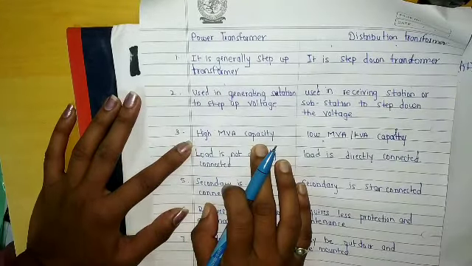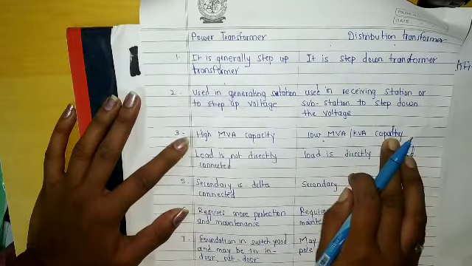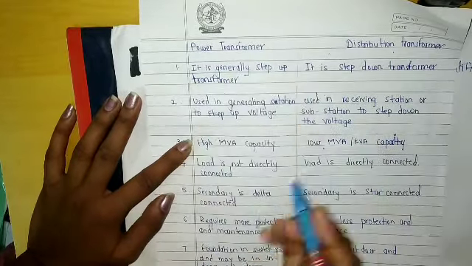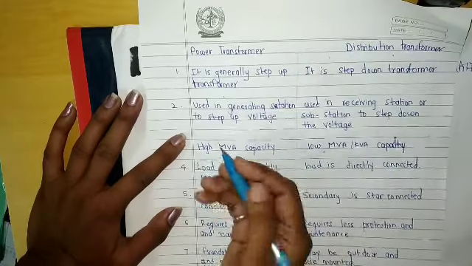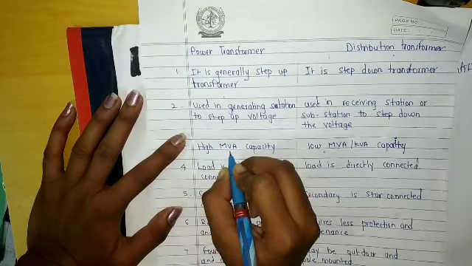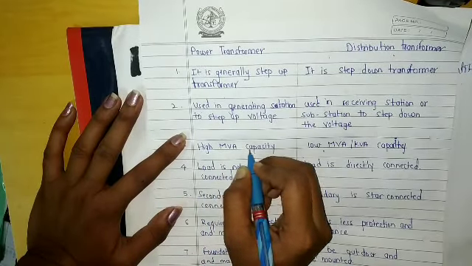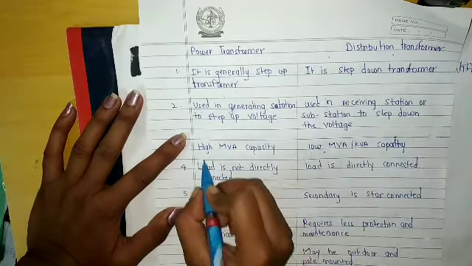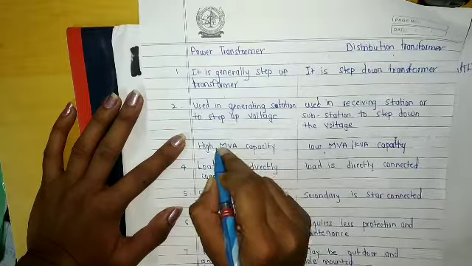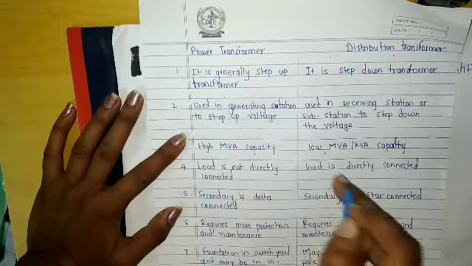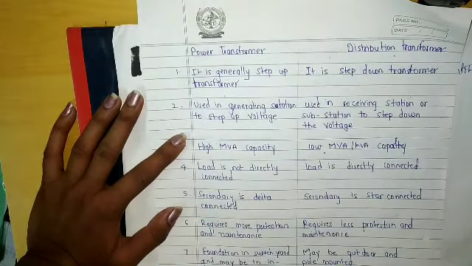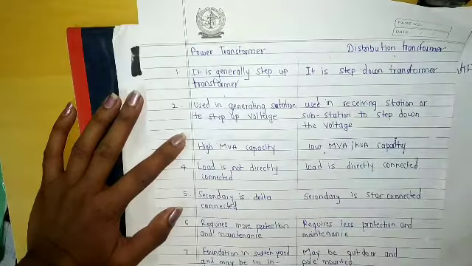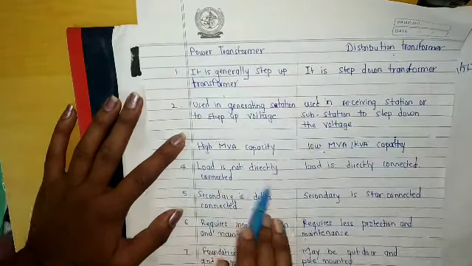High MVA capacity and low MVA capacity. In power transformer, the rating is high MVA capacity, that is mega volt ampere, that is power will be more, and in distribution transformer it will be low. Next, load is not directly connected.